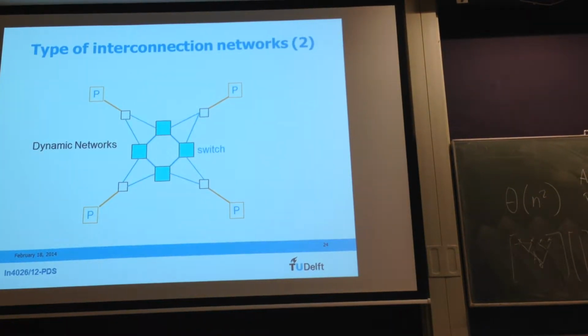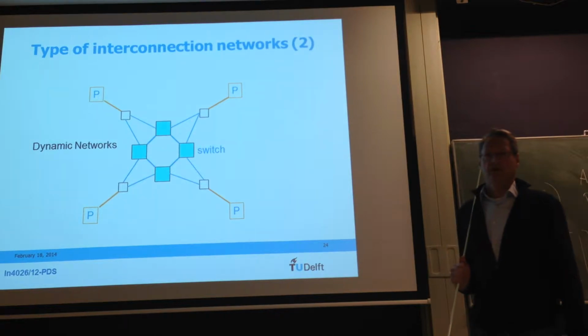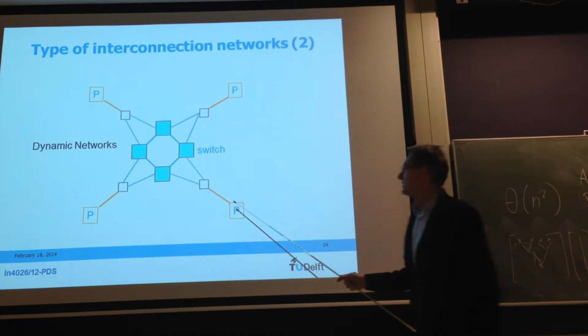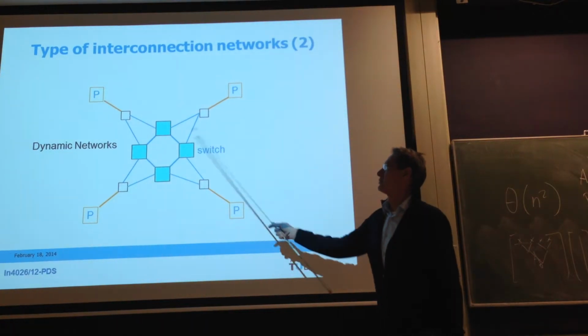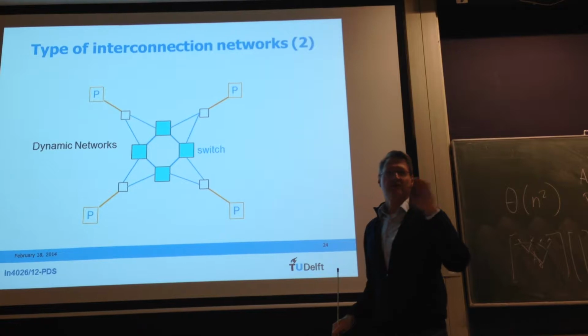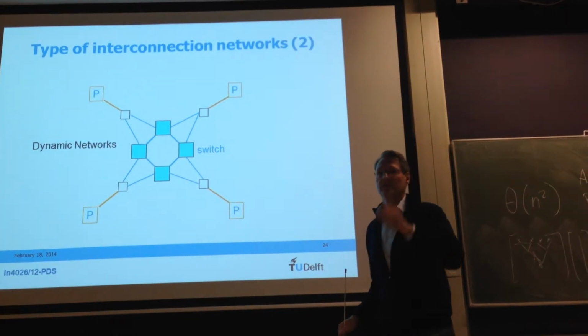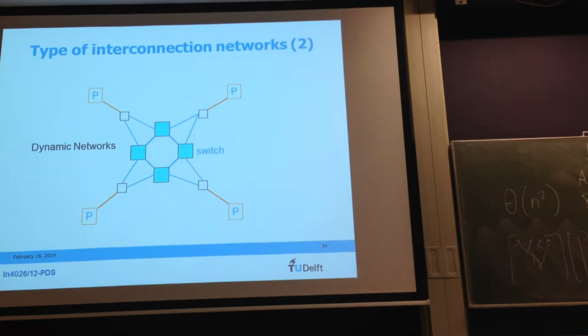The other one is a dynamic network, where in the network itself we have switches. So not only is a processor connected to a switch, but internally in the network there are also switches to serve as a switching medium between source and destination processor. We come into some detail about how this looks.